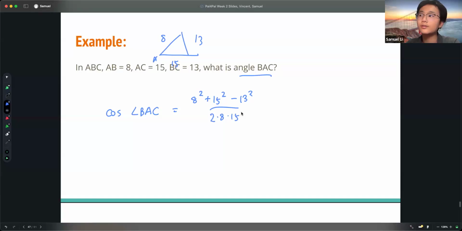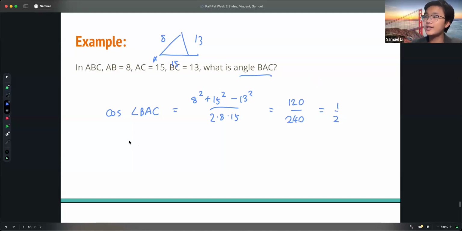What is this equal to? On the top, we have 64 plus 225, that's 289, minus 169, that's 120. And the bottom is 240, I think. So this right here is half.